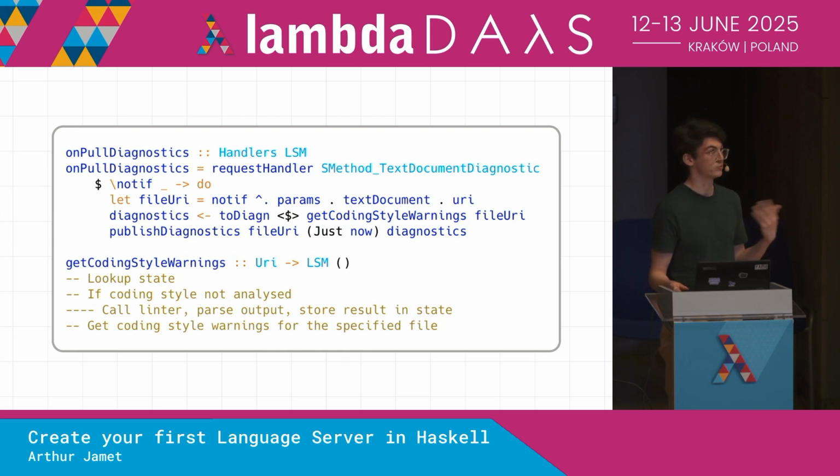If we did, we just return it. Otherwise, we would call the linter by hand, parse the output, put it in the state, and send it back with the publish diagnostics function, which comes from the LSP library. So once again, it's very straightforward. You don't have to think too much about the underlying technology and the network communication.